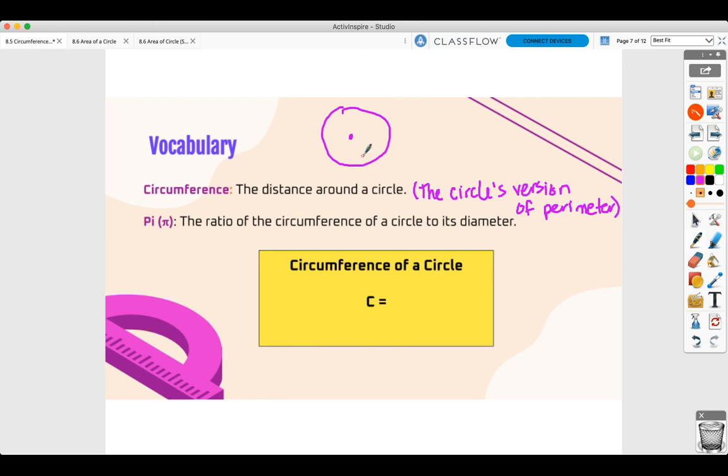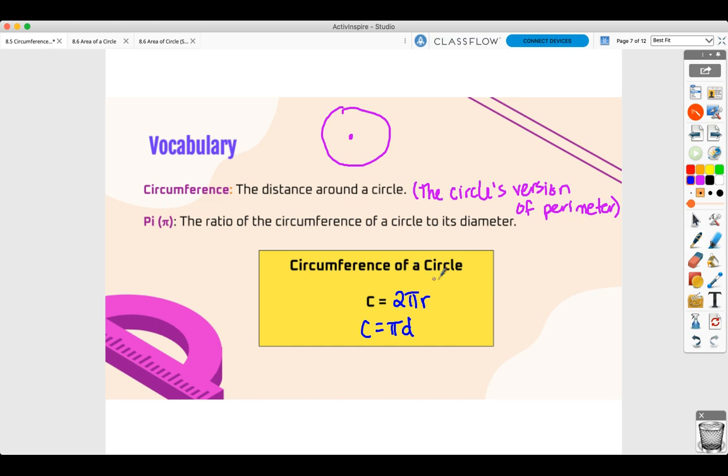So you need to be able to identify this. Because a circle is bent, you can't just take a ruler and measure it. That's where pi comes into place. Pi is the ratio of the circumference of a circle to its diameter. So the formula to get the circumference is either 2 pi r, 2 times pi times r, or you could use circumference is equal to pi times diameter.